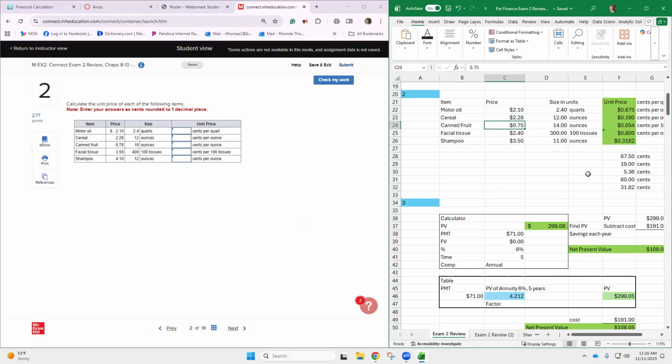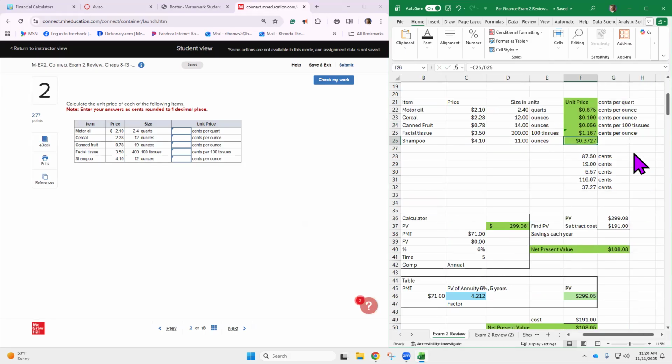So you'd have to get an idea of an amount per ounce. A lot of your grocery stores have labels on them that tell you how much an ounce, but you have to be careful because sometimes they don't have them all in the same unit of measure. I know you'd think they would, but you have to be careful.